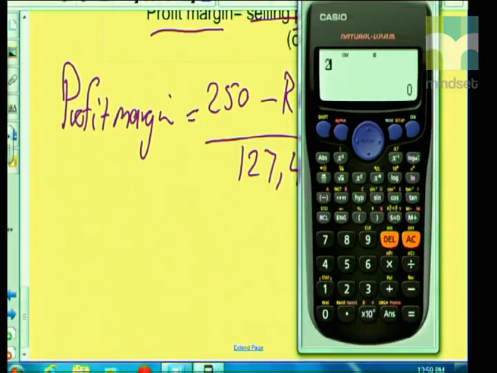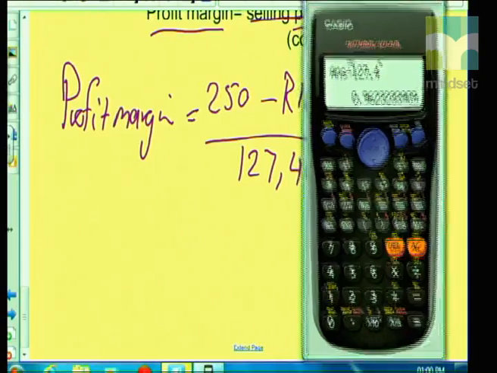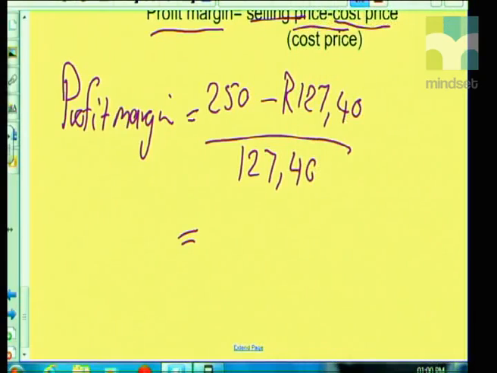We're going to say 250 minus 127.40, and we're going to do that as an equal, and then divide it by 127.40. And it gives us a profit margin of 0.96. It's a fraction, 0.96, and there you go.